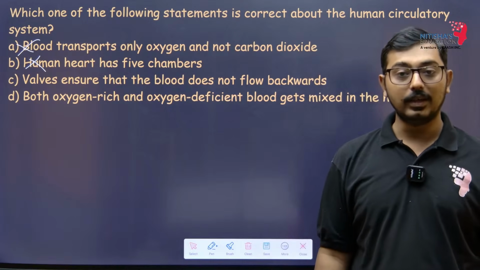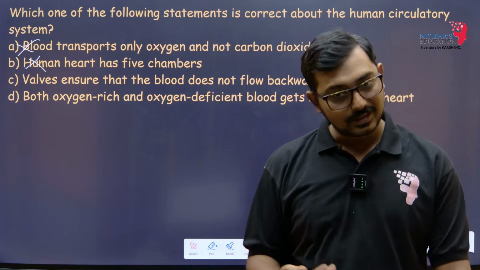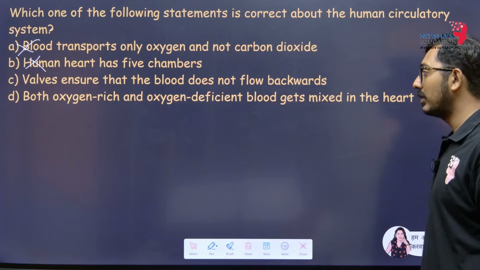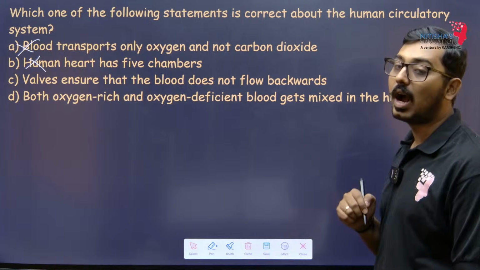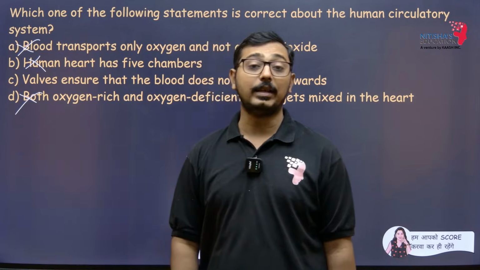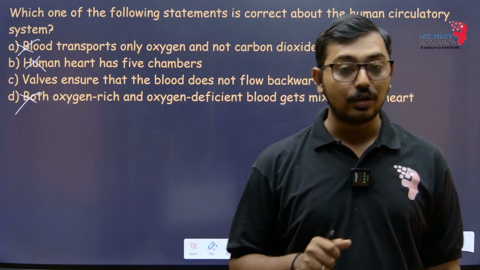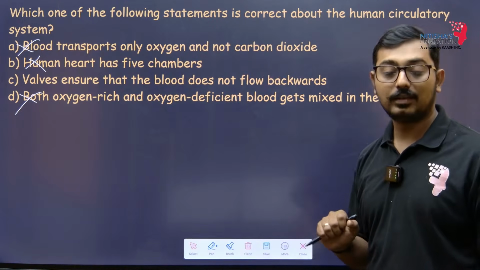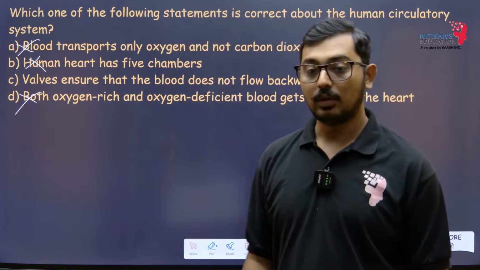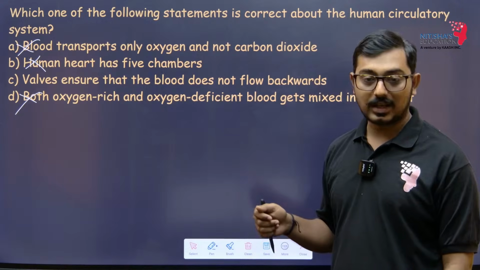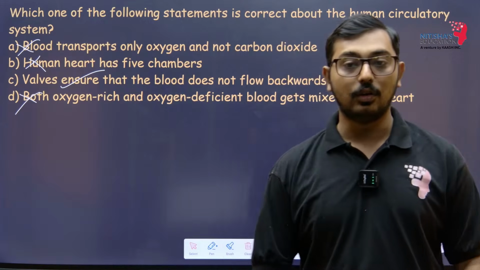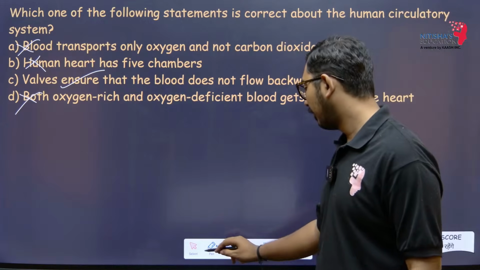That is the correct option. Let us see the fourth one also. Both oxygen-rich and oxygen-deficient blood get mixed in the heart. That is also wrong, because different chambers are made in order to keep them separate. The different chambers help in separation of these two kinds of blood. So the obvious answer is valves ensure the blood does not flow backwards.